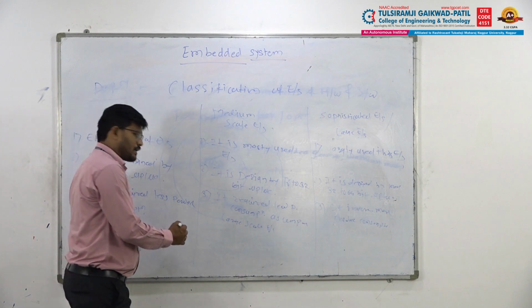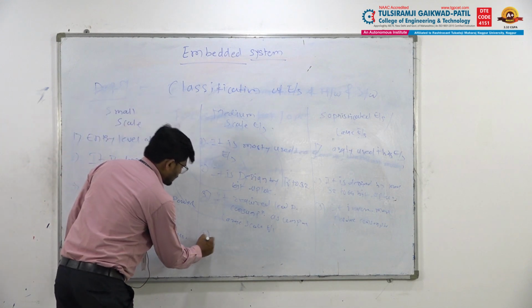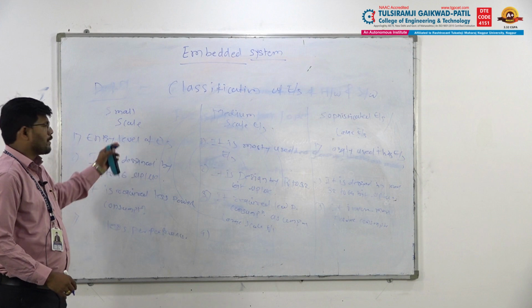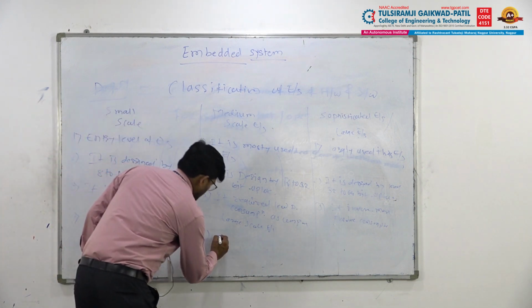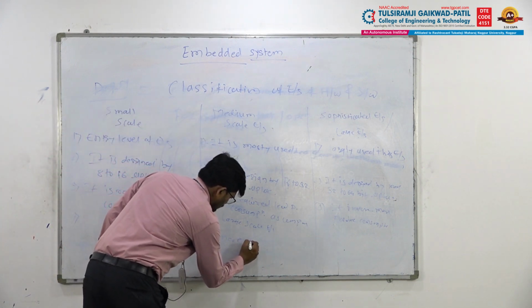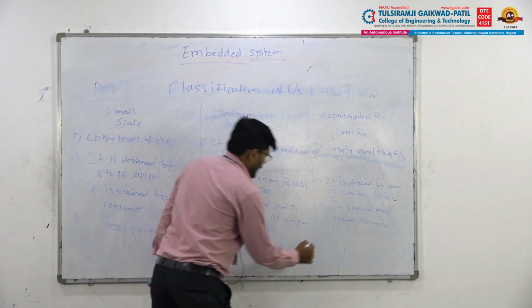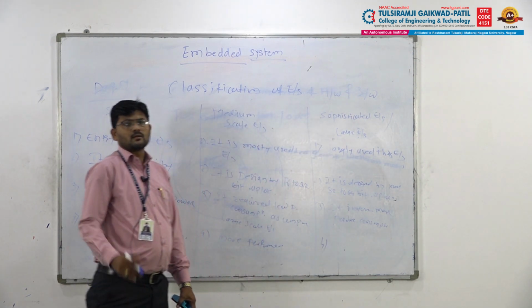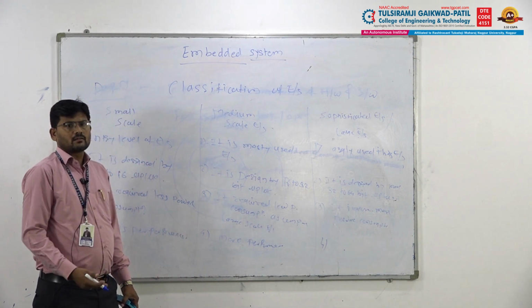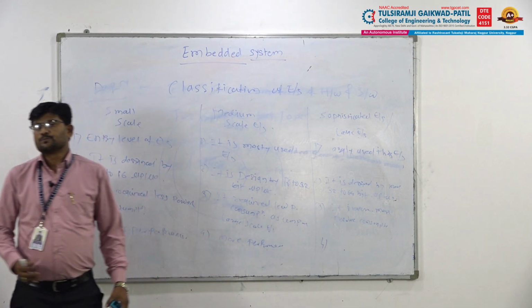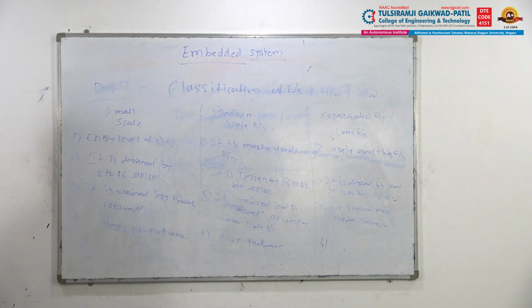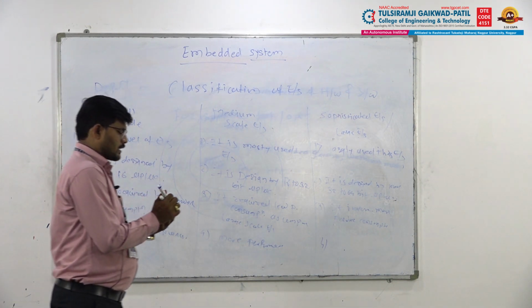In the medium scale embedded system, the performance is more as compared to small scale. And in large scale embedded system, the performance is the highest as compared to medium scale and small scale embedded system.